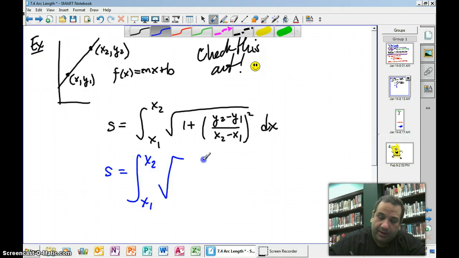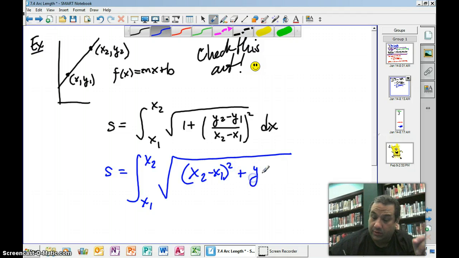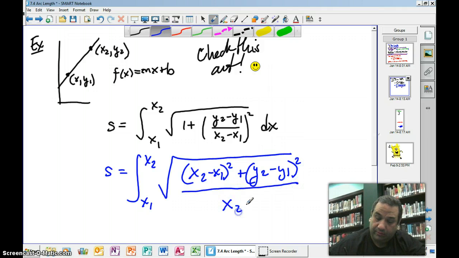I'm going to get the common denominator to be x2 minus x1 squared, because that's squared over squared. So that means it will be x2 minus x1 quantity squared plus y2 minus y1 quantity squared all over x2 minus x1 quantity squared dx.